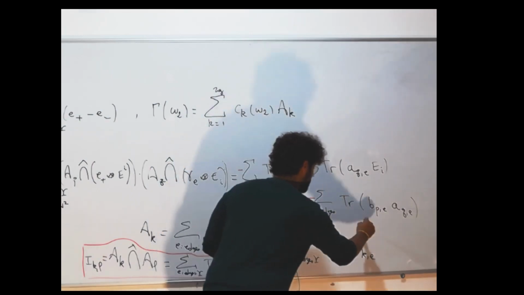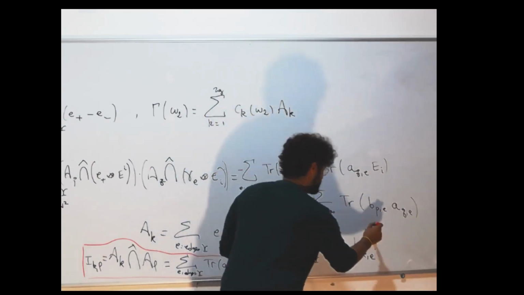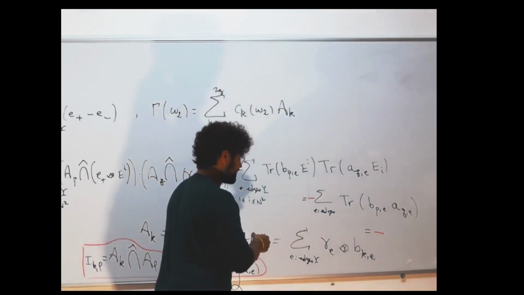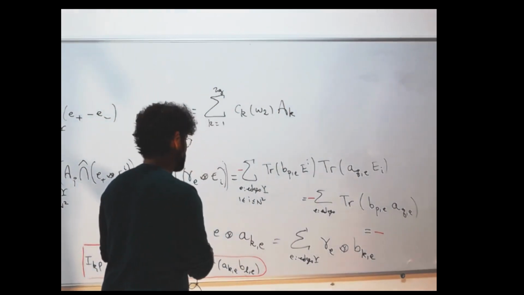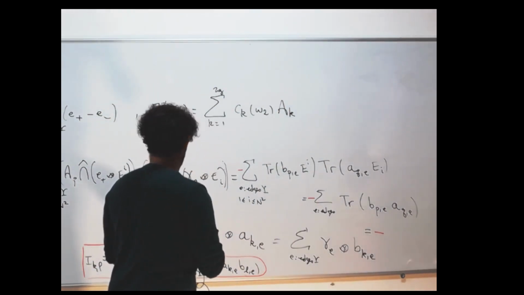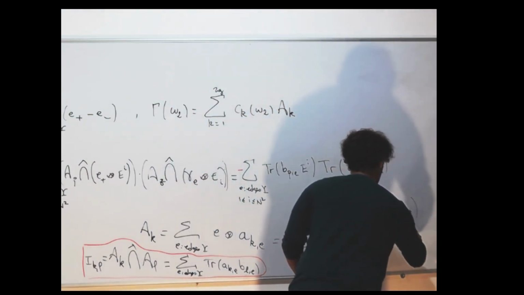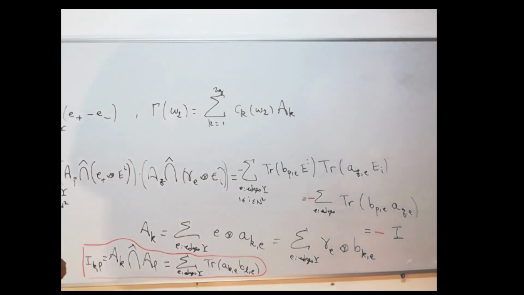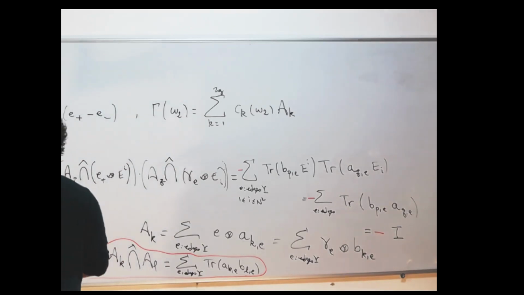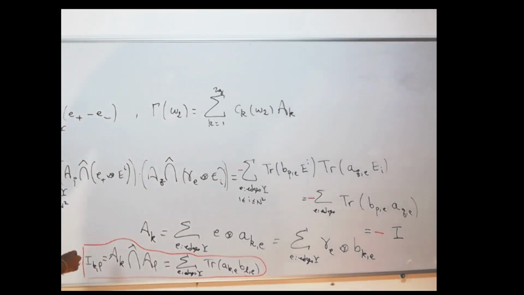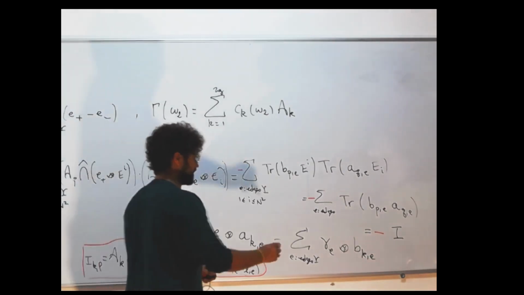This is now minus I, and I want to get this right. So PQ, now P and Q, QP. Okay, thank you.